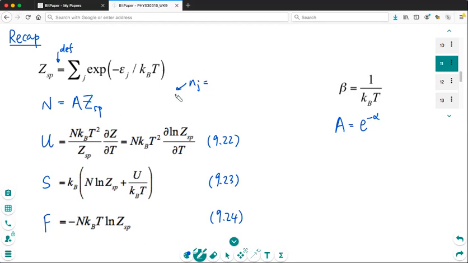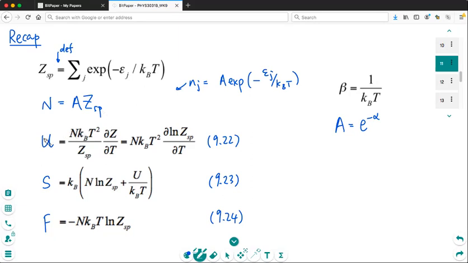So why do we care about this business? We want to know the occupation number for a particular energy level labeled by j, so epsilon j. So this turns out to be related to this expression, right? If you don't want alpha, you do N divided by Z, then you see why. You get a better meaning of this partition function.